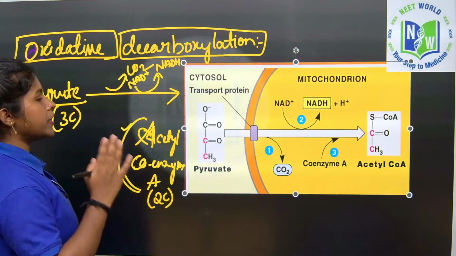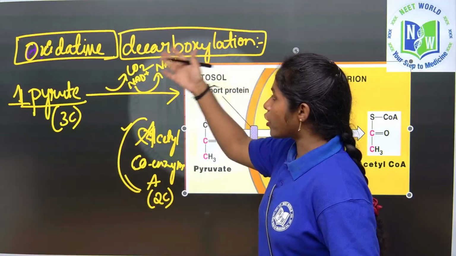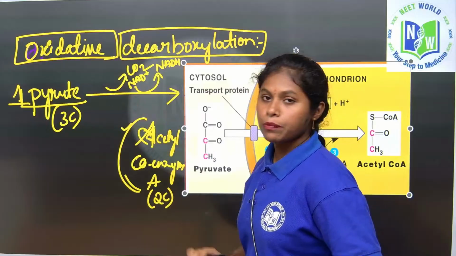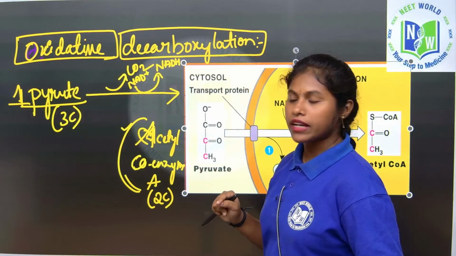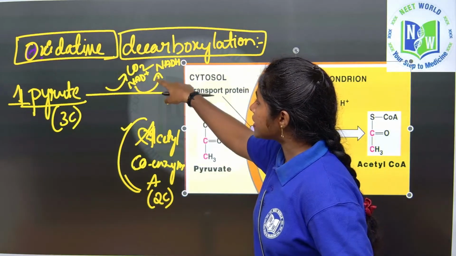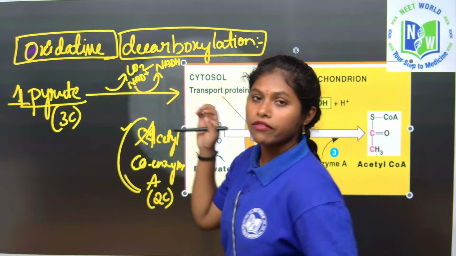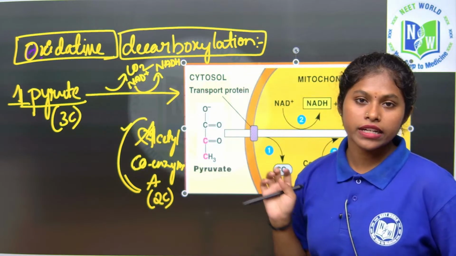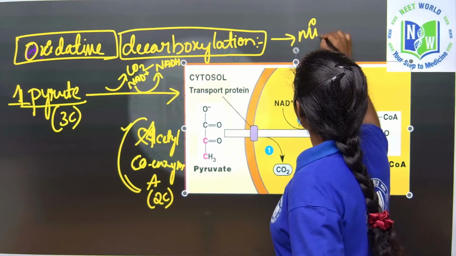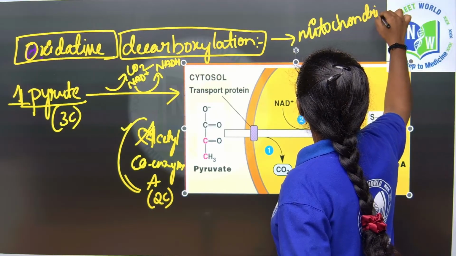That is by oxidative decarboxylation: the elimination of carbon dioxide and the production of reducing equivalent NADH. For one pyruvate molecule, it produces one acetyl-CoA. It is a 3 carbon compound, it becomes a 2 carbon compound. One carbon dioxide is released, which means decarboxylation is happening. That is why we call this reaction oxidative decarboxylation, which occurs in the mitochondrial matrix. Got it?